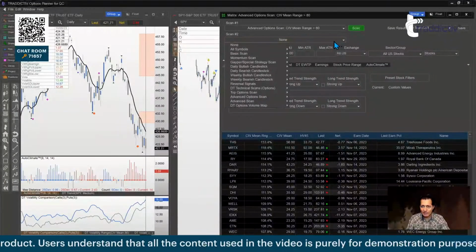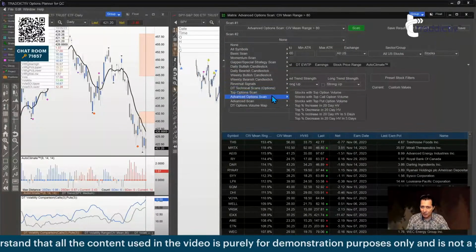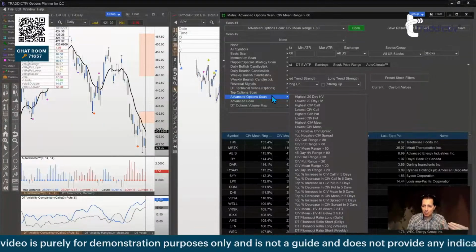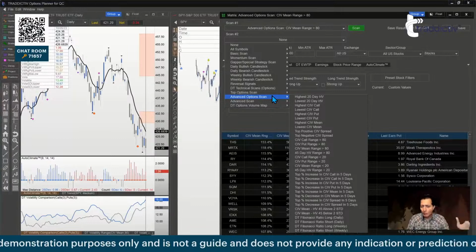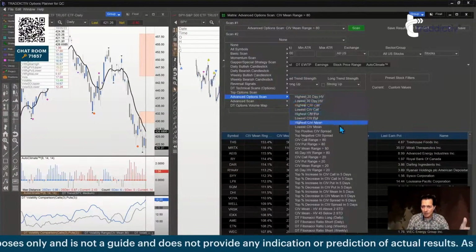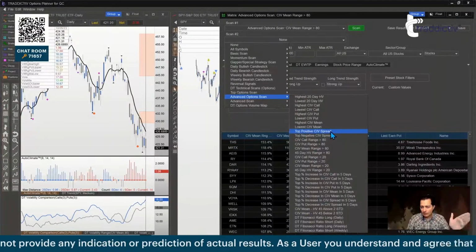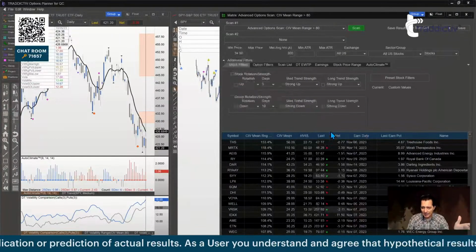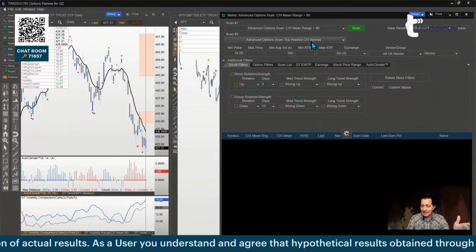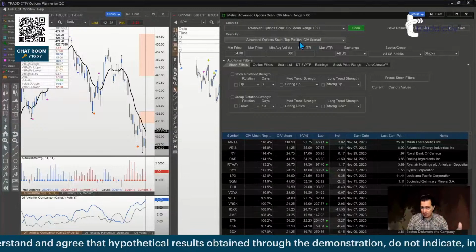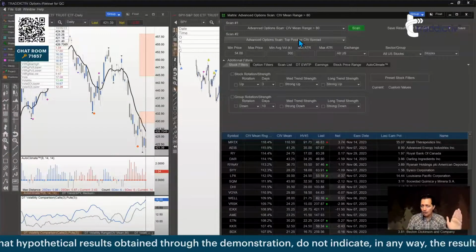Well, you can come in here again and look for directionability from the options world. Even without looking at the chart, only looking at the options, you can pick top positive CIV spread. And if I do that, that means that the options markets show bullishness. Positive equals bullishness.